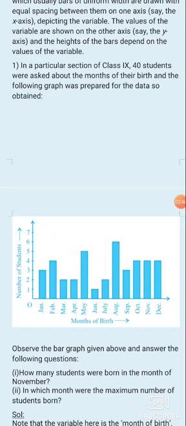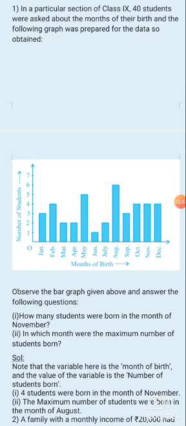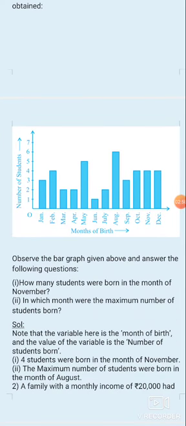Second question: in which month were the maximum number of students born? Yes, it is August. Clear. Now listen, 4 students were born in the month of November, and the maximum number of students were born in the month of August.